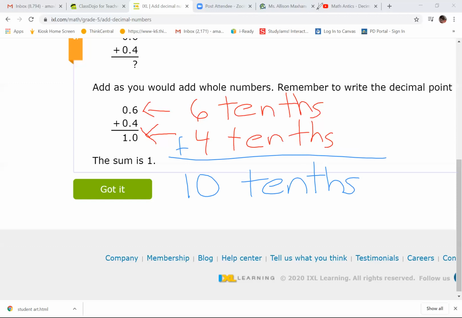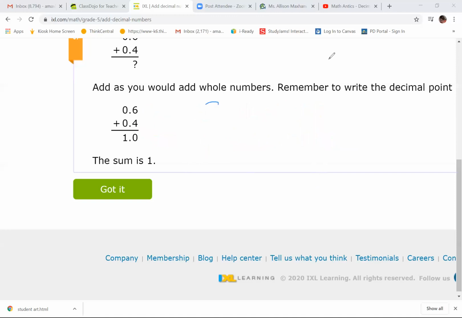And what does 10/10 look like? Well, here's my ones place. Here's my decimal. Here's my tenths, my hundredths, my thousandths, right? To the left of my ones is my tens, and then my hundreds, and all those regular ones.